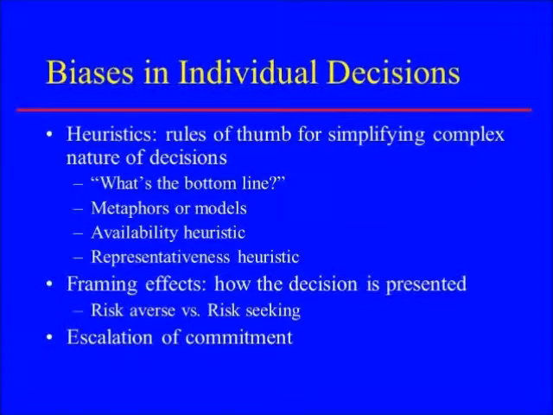Let me talk about biases in individual decisions, how we make decisions that affect our way of operating, our way of living within organizations. We talk about heuristics. Heuristics are sometimes called rules of thumb or simplified ways of thinking about a situation.